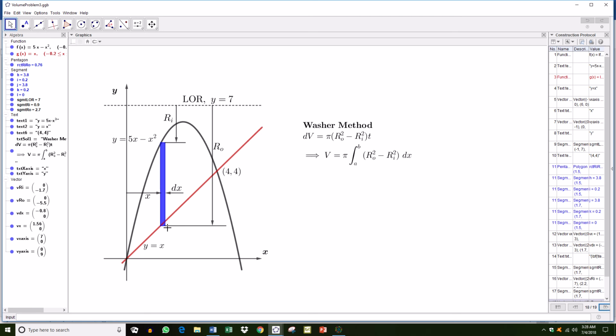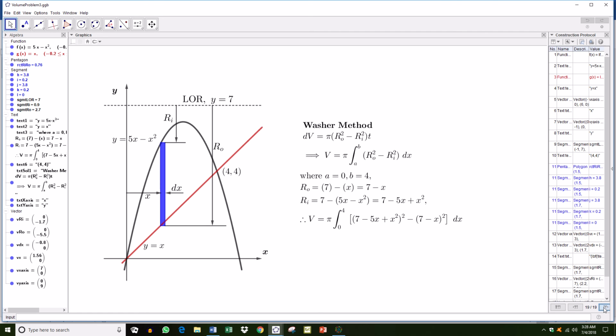Pretty much you're done. a is 0, b is 4. r_o is the y value at the top point, top minus bottom. Please do not forget that. The y value at the top point, all of these points have a y value of 7, minus the y value along this line. Well, if we know the y value of that point, which is x, we know the y value everywhere along this line.